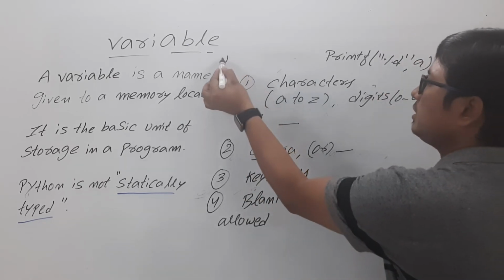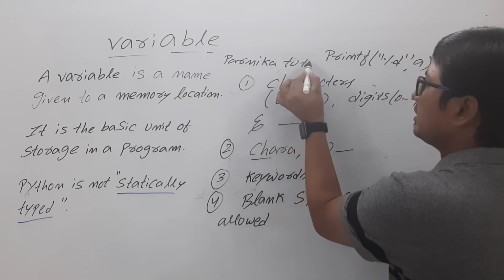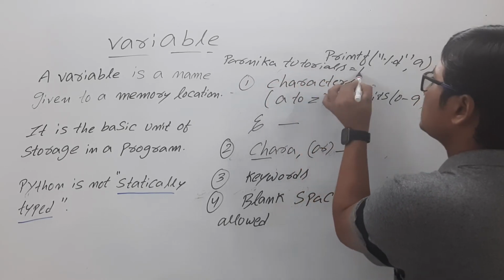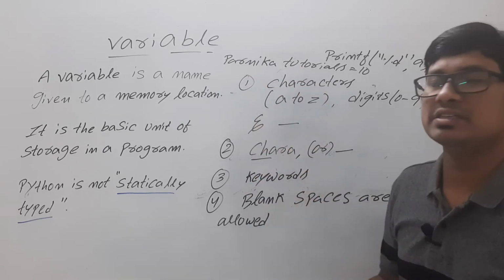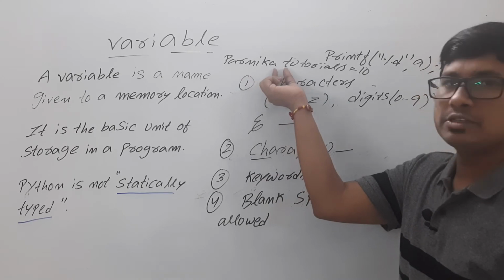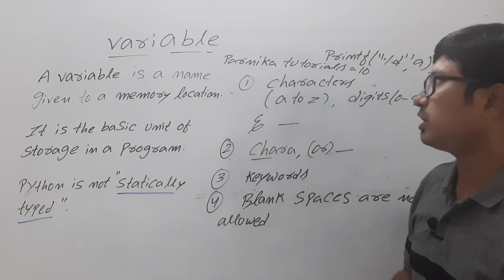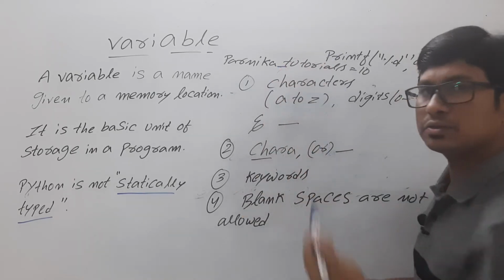Now if you see, we will write Parnika space tutorials. Now I want to assign some value 10 to this one. If I want to consider Parnika tutorials as a variable, that is not allowed because there is a blank space between Parnika and tutorials. If you want to use it, you can combine this by using an underscore, that is permitted.